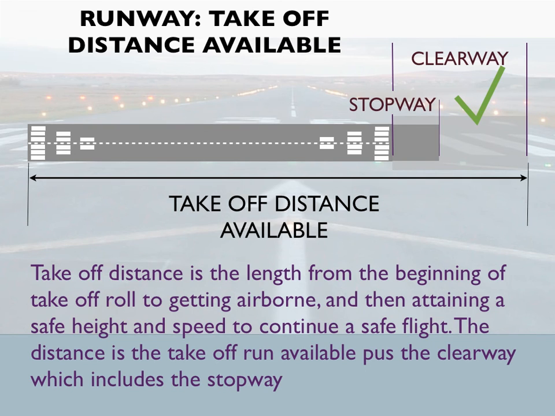Also, the aircraft has to attain a minimum safe height and speed for safe operation. We shall learn about these in the following lessons. Thus, the distance from the beginning of takeoff roll to end of clearway, the space in which the aircraft will carry out its initial part of takeoff to attain a safe height and speed, is the takeoff distance available.